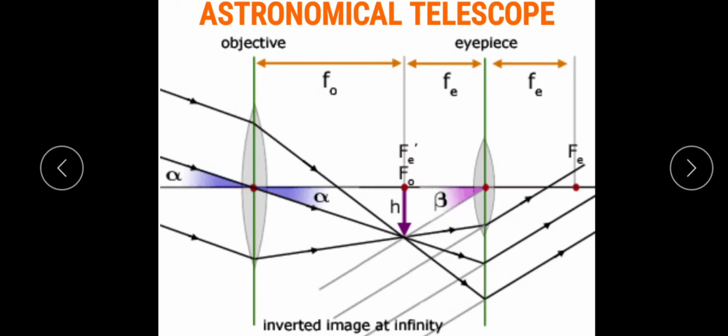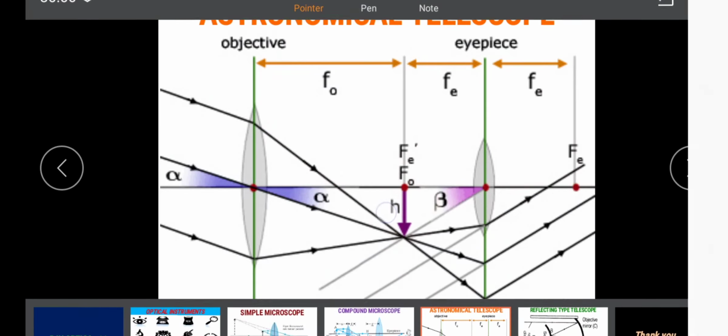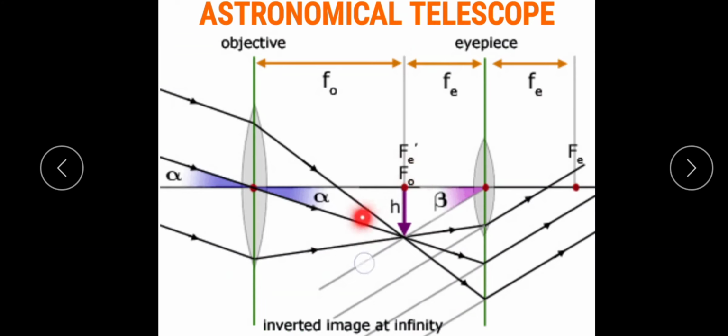When the beam of light coming from the object falls on the objective lens, it forms the image, which is real, inverted and diminished.